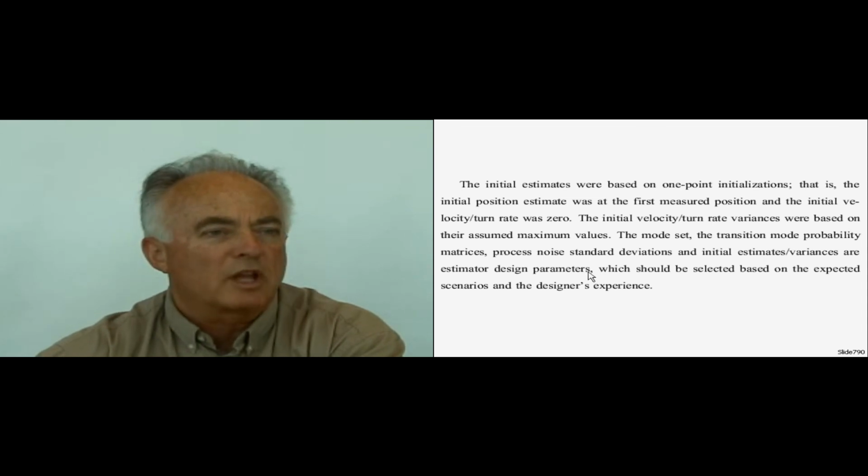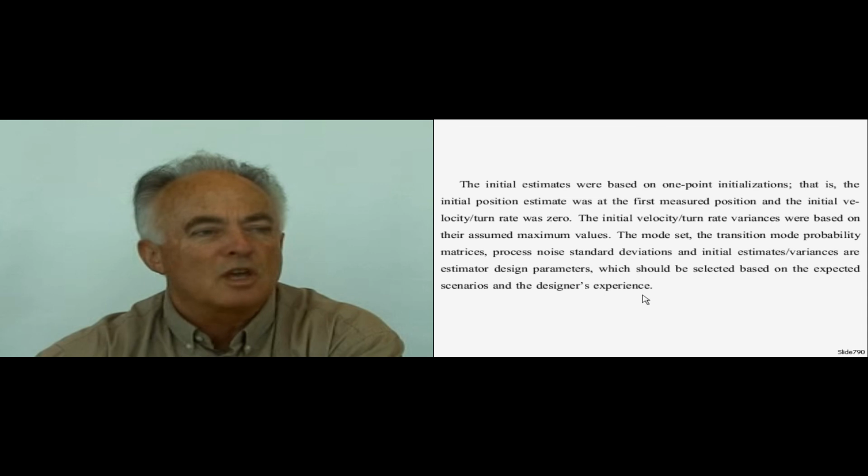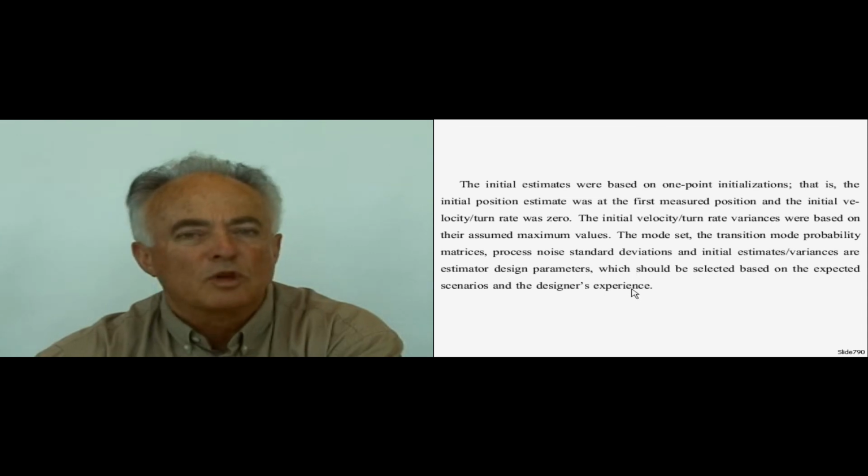They should be selected based on the expected scenarios and the designer's experience. So there is a lot of engineering insight that has to be used to relate the physics of the problem with the mathematical models. And again, there is no way to perfectly match anything, but you can match it close enough so the results are pretty good.